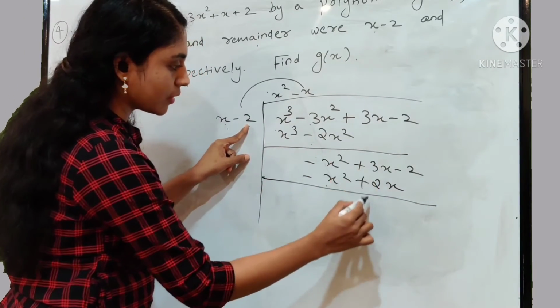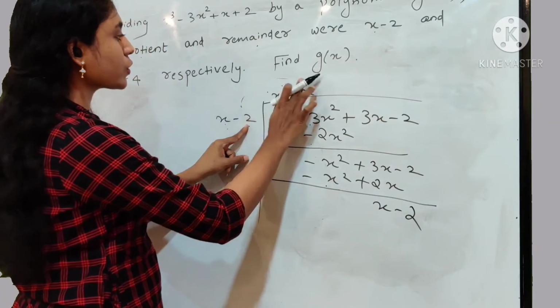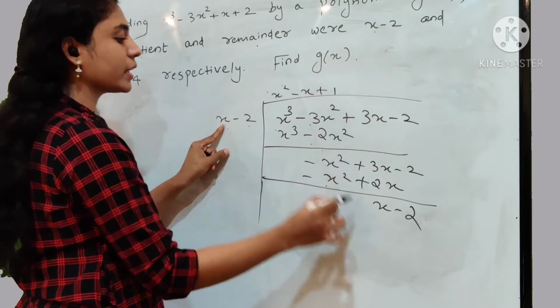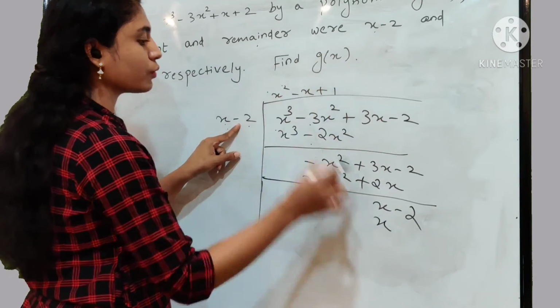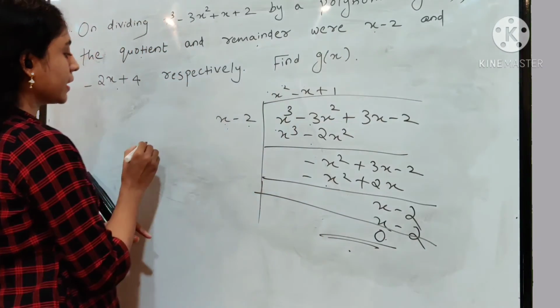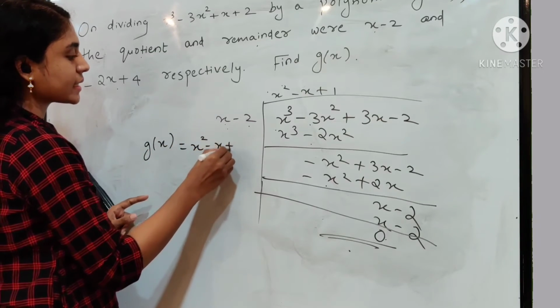Then subtracting we will get 3 minus 2, which is 1. That is x minus 2, here also x minus 2, plus 1, right? Why? Because x into 1 is x and minus 2 into 1 is minus 2. Here the remainder is 0. That means the g of x we got is x square minus x plus 1.